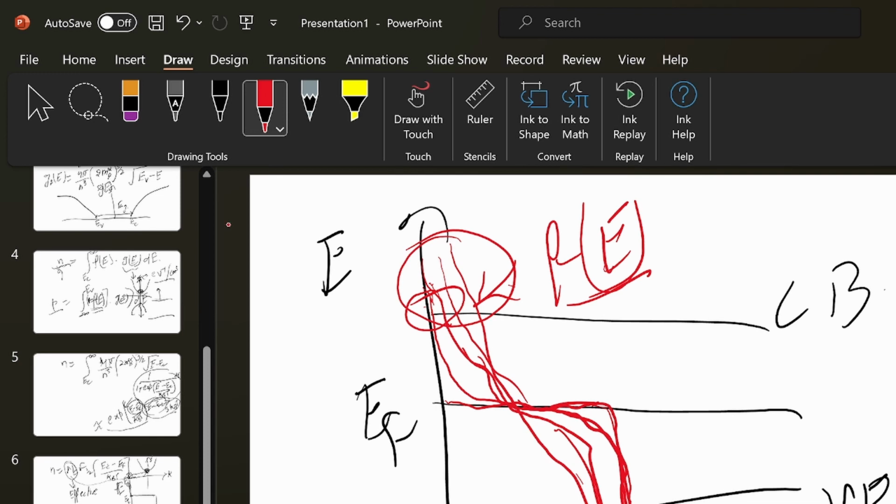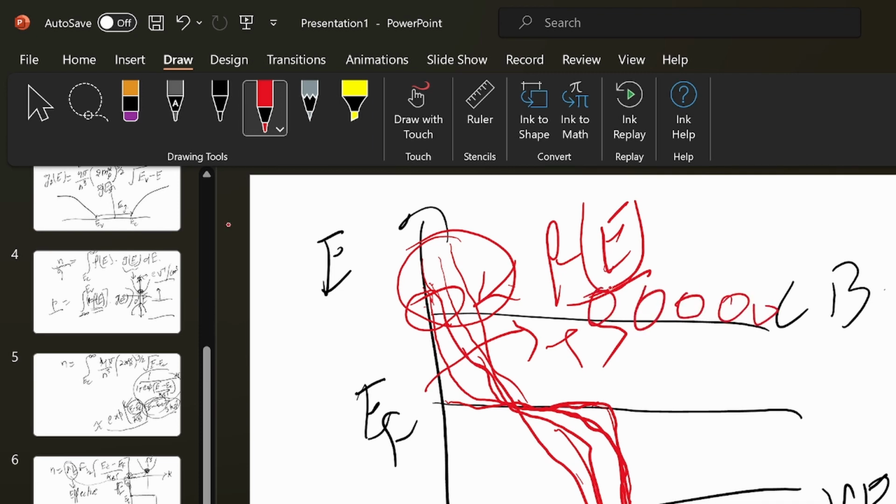If we increase the temperature, this Fermi function will smear out more. So more and more smearing out, so we are increasing the concentration of electrons in the conduction band.